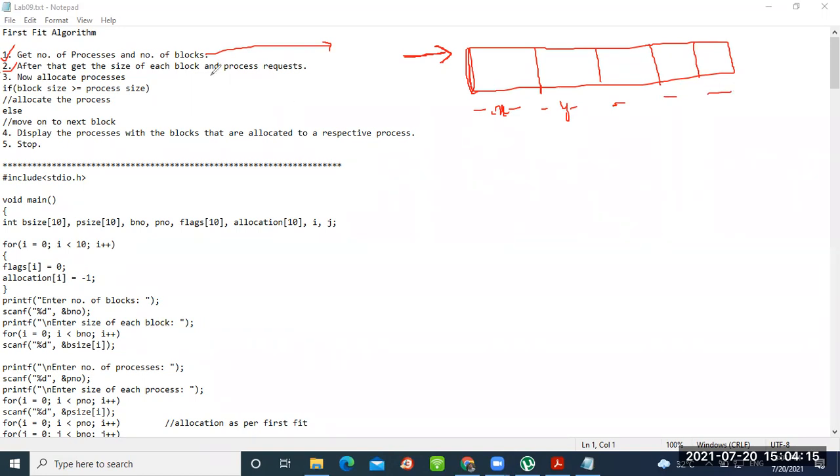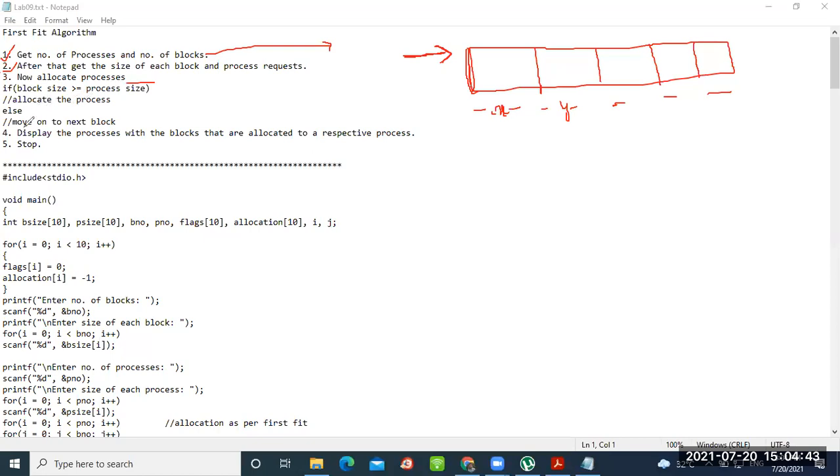Now this is the logic for the allocation. I will check if the block size is greater than or equal to the process size. There will be a for loop starting from the very first block, because I have to check from the very first node. While this for loop is running, I check the block size. If the block size is greater than or equal to the process size, I allocate the process.